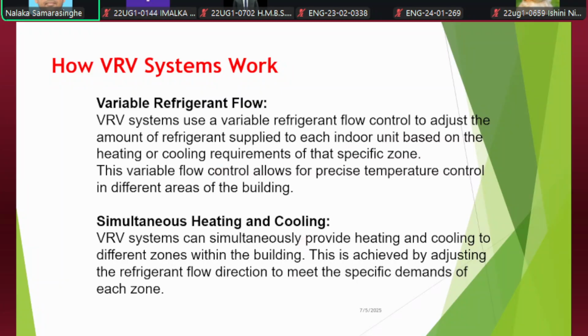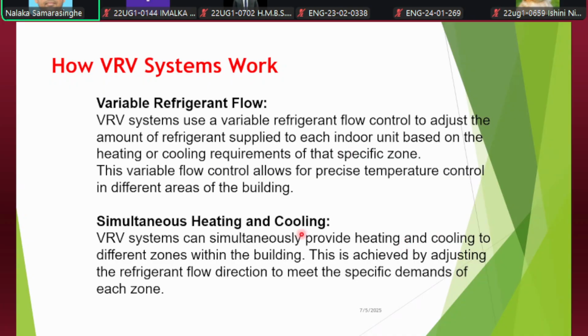And coming back to simultaneous heating and cooling, in the case of VRVs, you can heat one area while cooling is happening in other areas inside the building. That's a very important thing because when you are cooling a certain space, that is, you are trying to reduce the temperature, you are absorbing heat in that space.